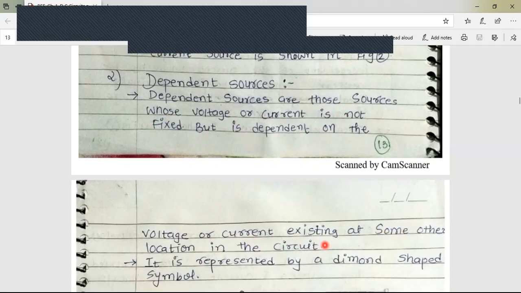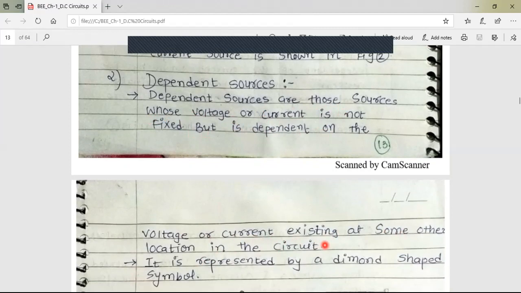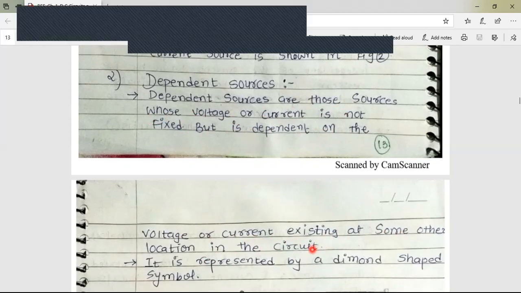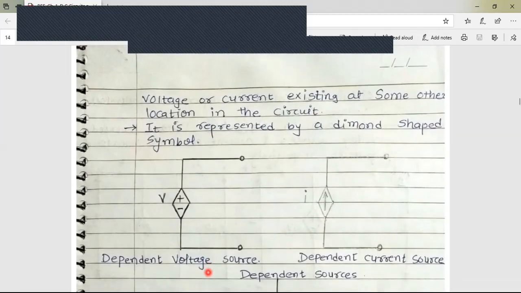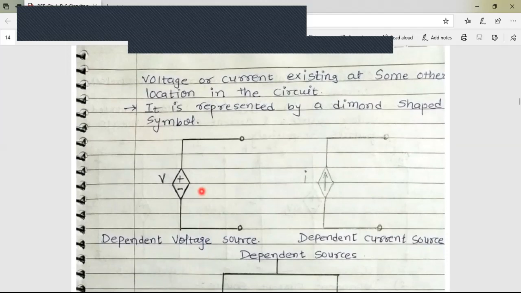See here, a dependent source, either voltage or current, is not fixed but depends on another voltage or current existing in the same circuit, and it is represented by a diamond shaped symbol. See here, this is the symbol of dependent sources. This is the diamond shape. This is a dependent voltage source and this is a dependent current source.